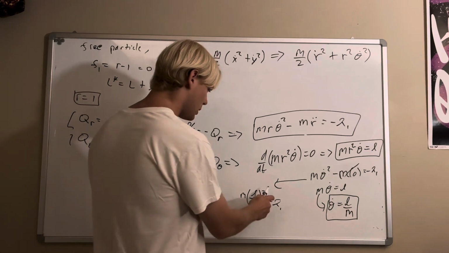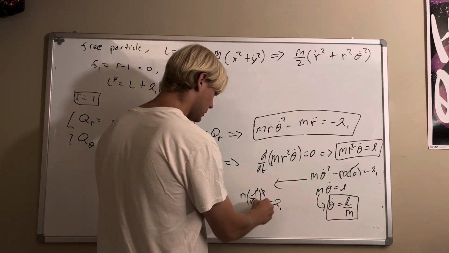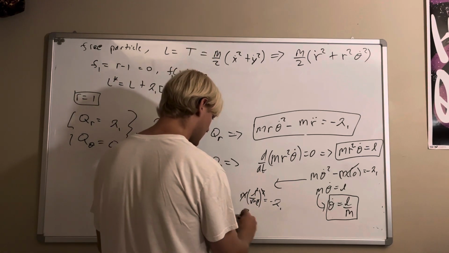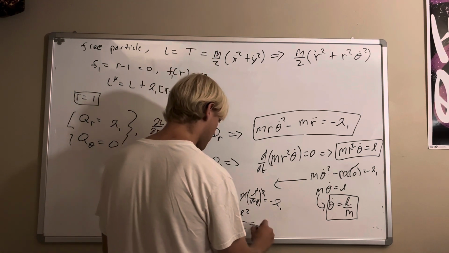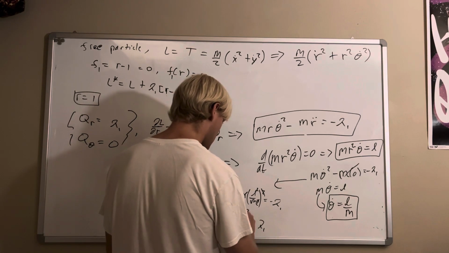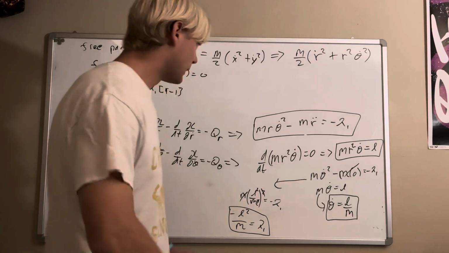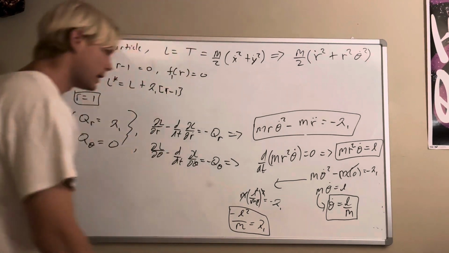So the m squared goes away, so I get negative L squared over m is equal to lambda 1. So we have everything we need now for the equation of motion.